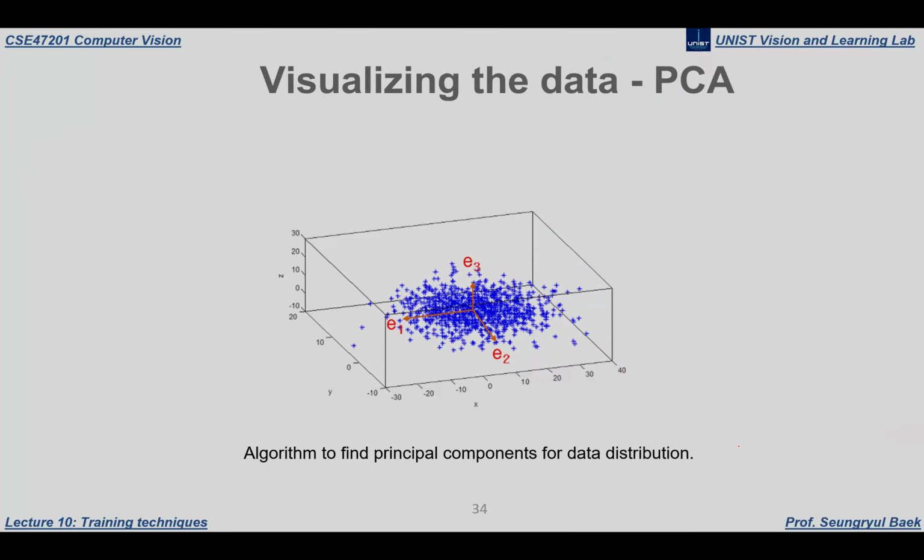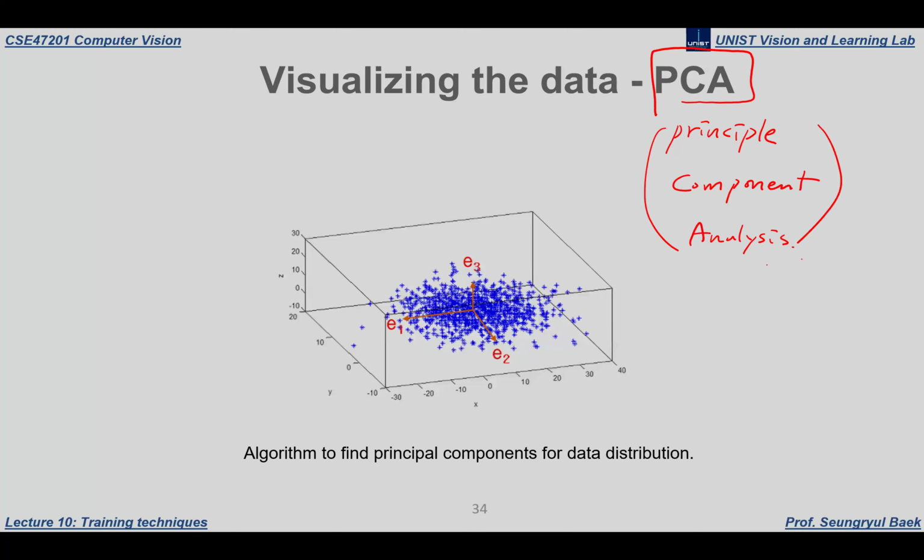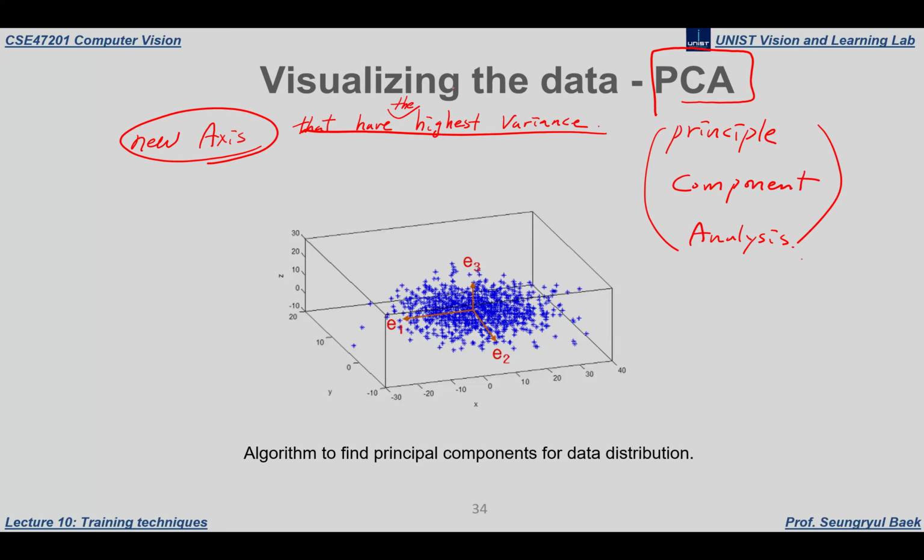And I now want to explain what PCA basically does. PCA stands for principal component analysis. In PCA, what we want to achieve is to find new axes that have the highest variance.